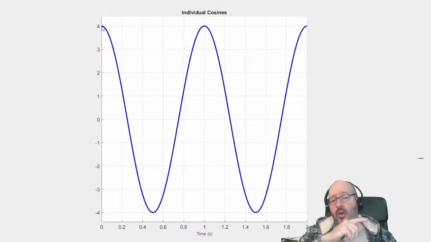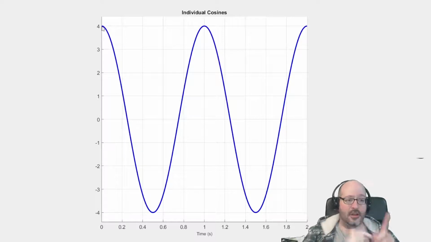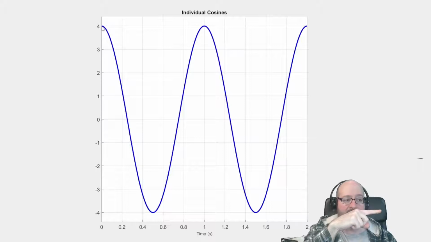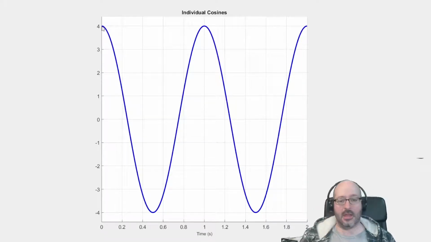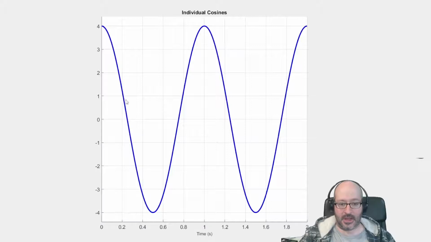We're going to take that 4 at an angle of 0, and we're going to let it spin. We're going to go through 2 pi radians in 1 second, and 2 pi radians is 1 complete cycle, right? So that phasor is going to rotate once in 1 second. And what we see is we get 1 repetition of the cosine in 1 second if we're looking at the time scale down here on the horizontal axis.